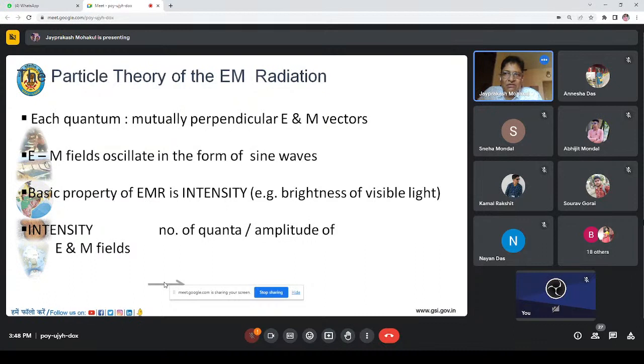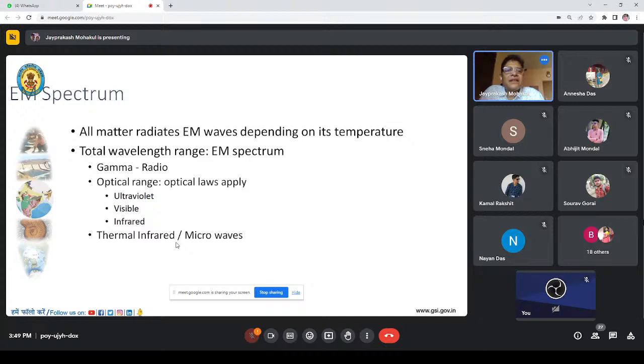That is what we discussed. It starts from the baseline, then there is a positive peak, then you have a negative peak. How intense the light is basically depends upon the number of quanta or the amplitude of the electromagnetic field, right?